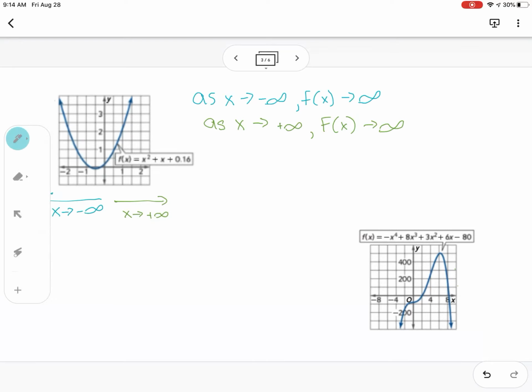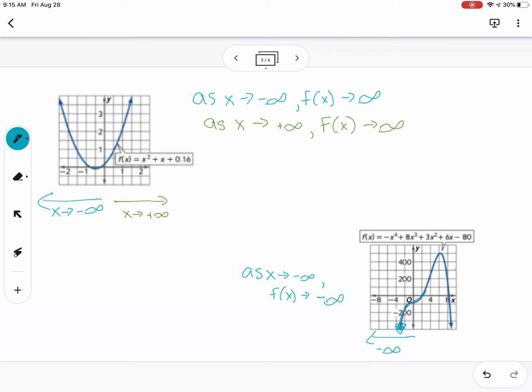So we'll do another example. We've got this graph here. As x approaches negative infinity, so we're going this way, what's the graph doing? If we follow the graph that way, it's going down. f of x approaches negative infinity.